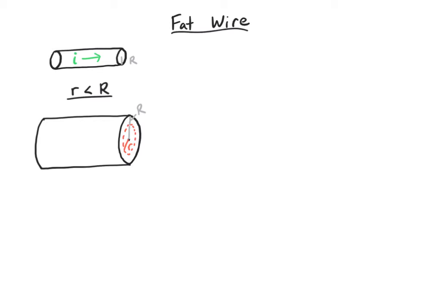Assuming that the current is uniformly distributed throughout this wire, then the ratio of the current enclosed within this loop to the total current through the wire is equal to the ratio of the cross-sectional area of our Amperian loop to the cross-sectional area of the entire wire.